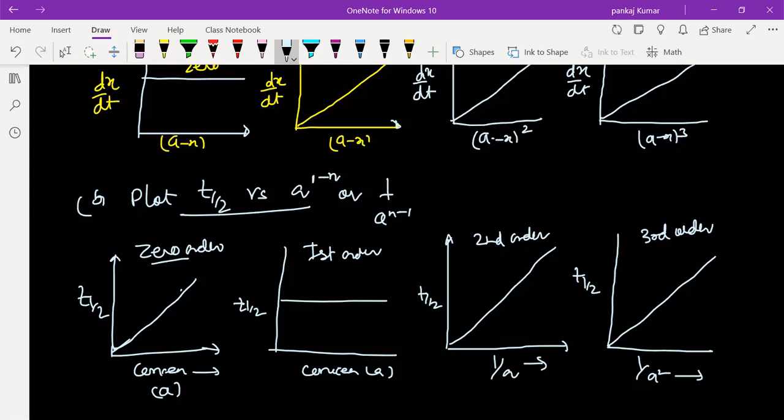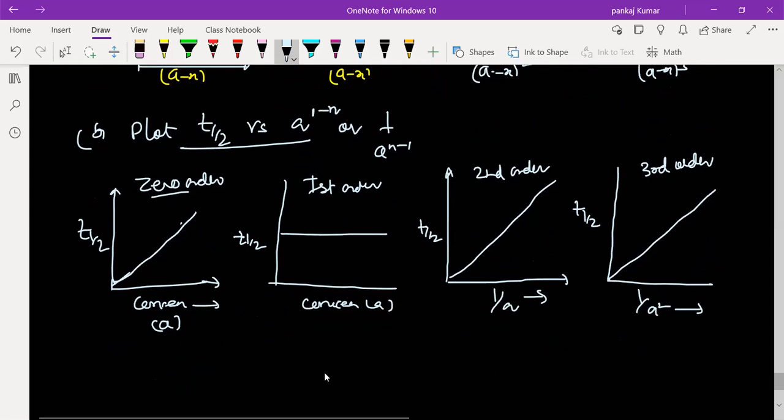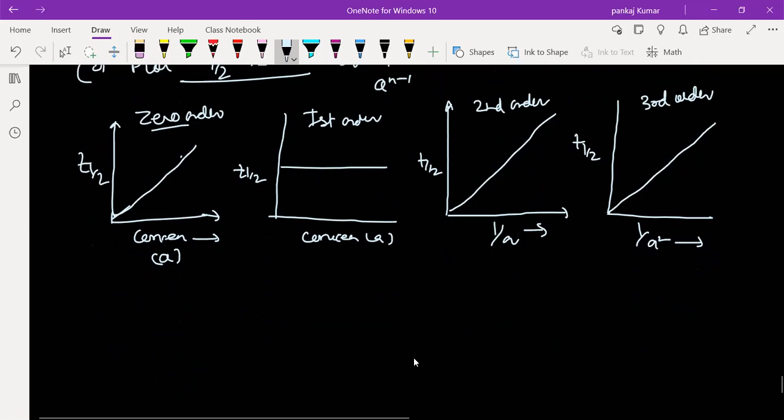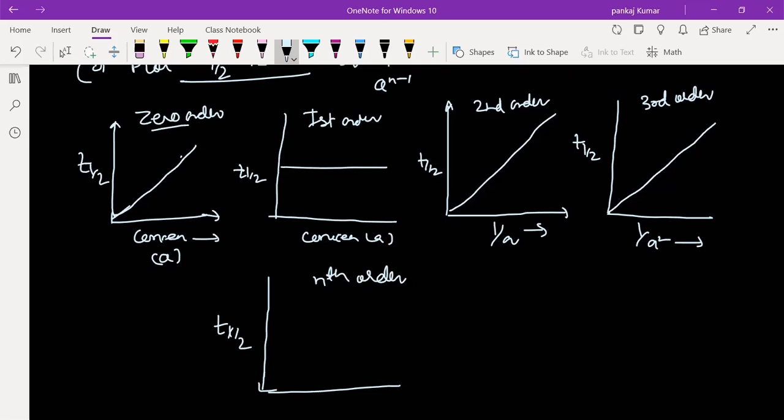And for nth order, T1 by 2 for nth order, the graph will go down only, a to the power 1 by n.